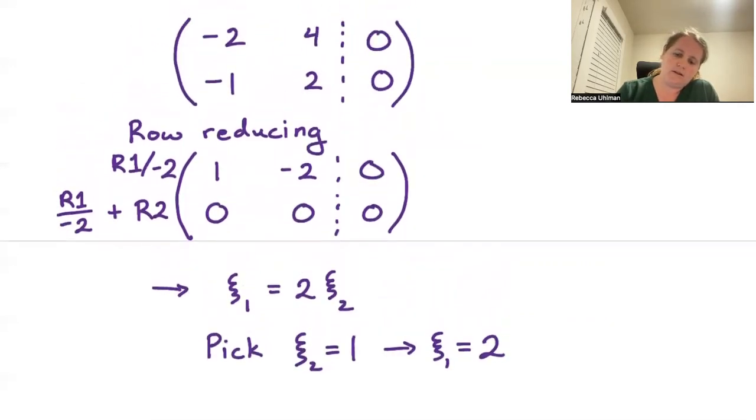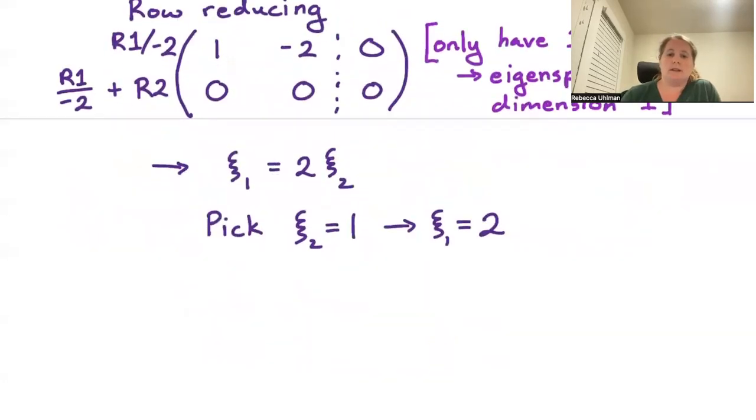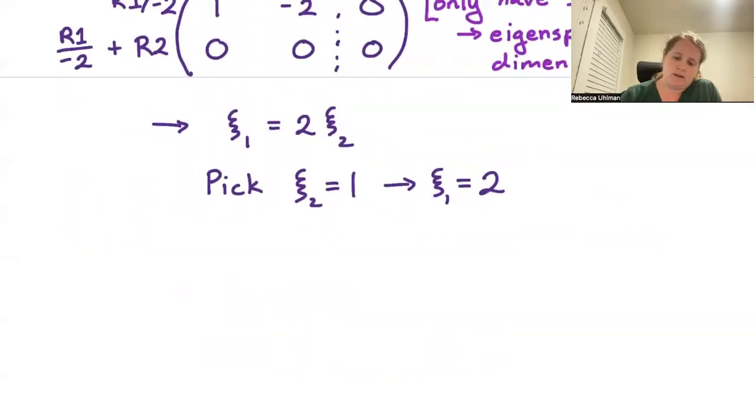So again, since we only have one free variable, our eigenspace has dimension 1. And so we are just getting a single eigenvector. We will pick the eigenvector to be the vector xi1, which has 2 in the first position and then 1.